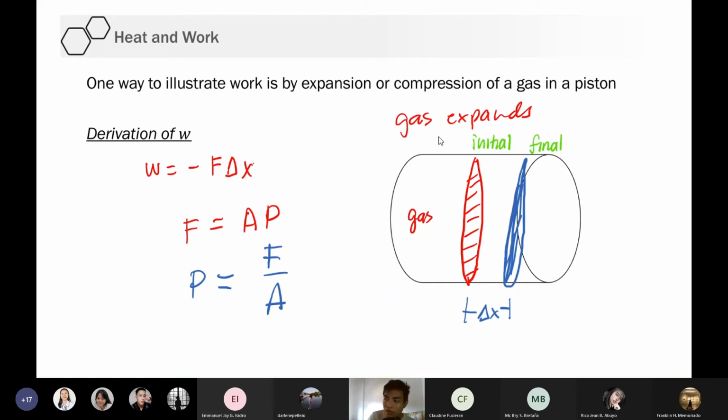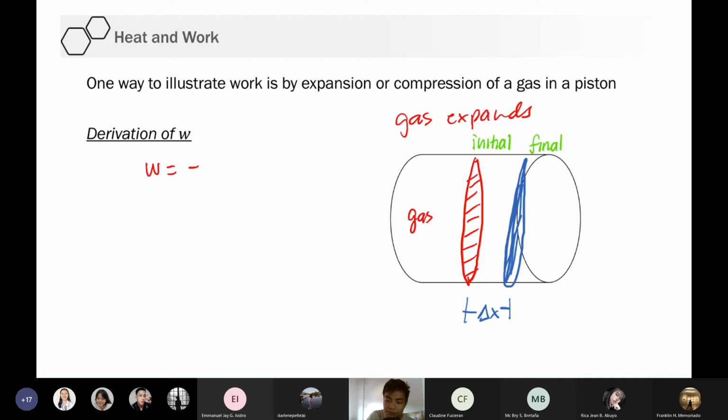Lagay ka lang ng gauge dyan. Itong area, constant naman to eh. Kunwari, itong piston na to, 5 mm, you can compute for the area, pi r square yan. So instead of using F, ito ipasok natin dito. Let us plug this equation into that.